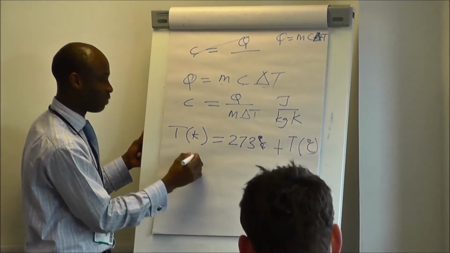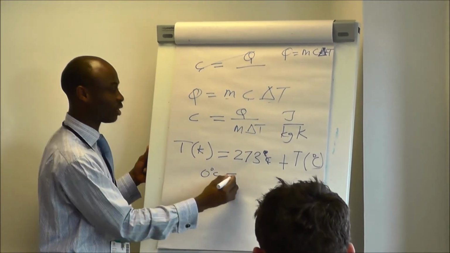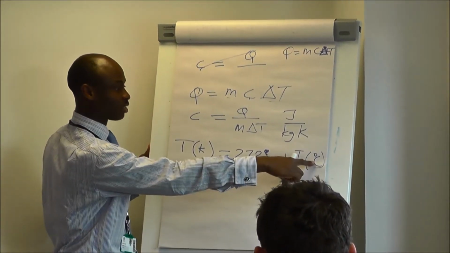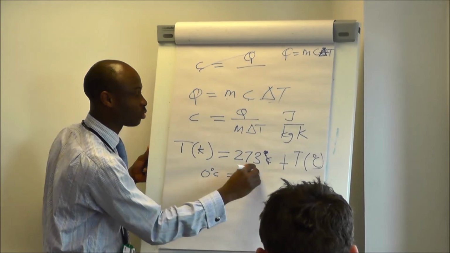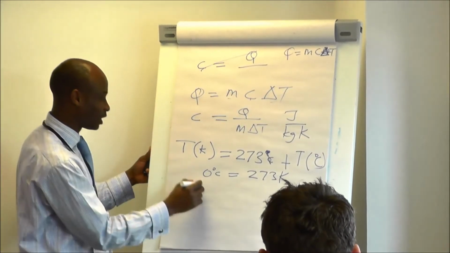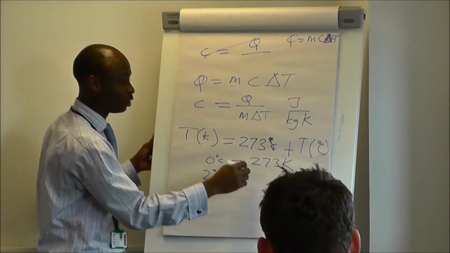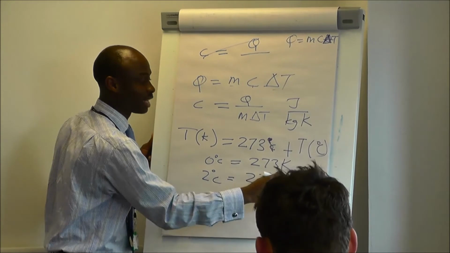If I give you 0 degrees Celsius, you add it to 273, it's equal to 273 Kelvin. If it is 2 degrees Celsius, put 2 here and add it, you have 275 Kelvin.